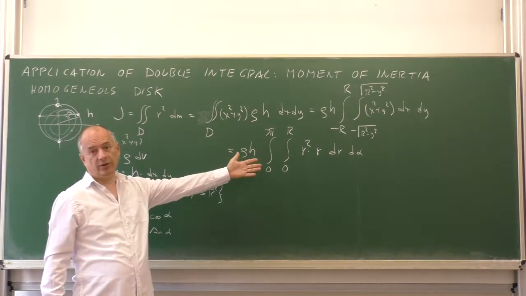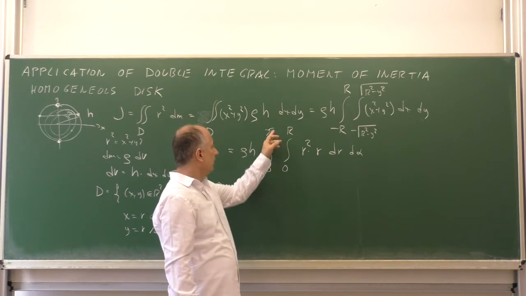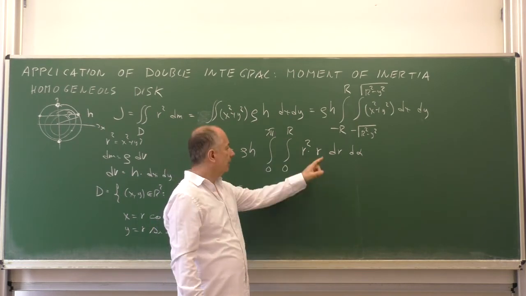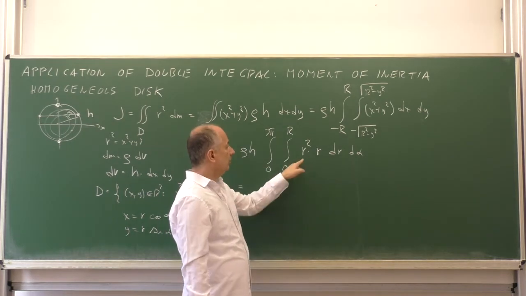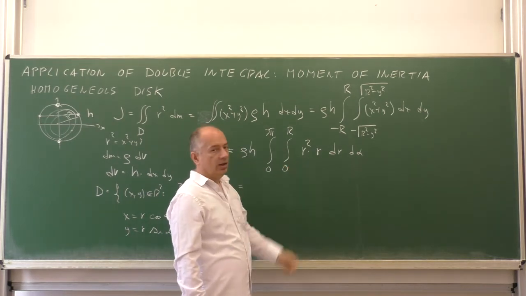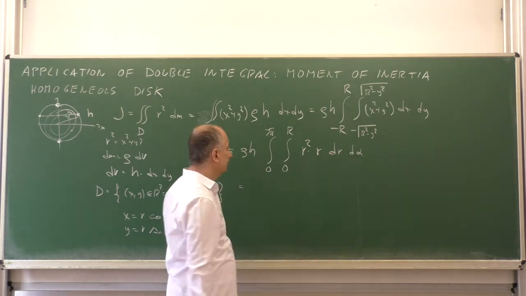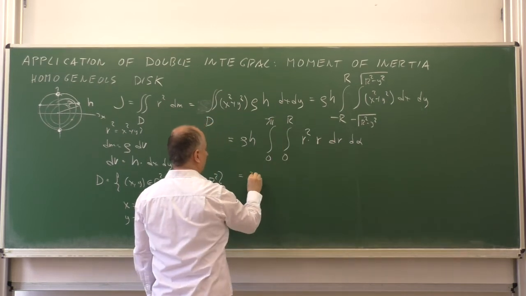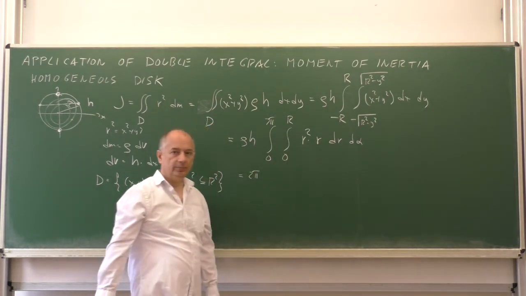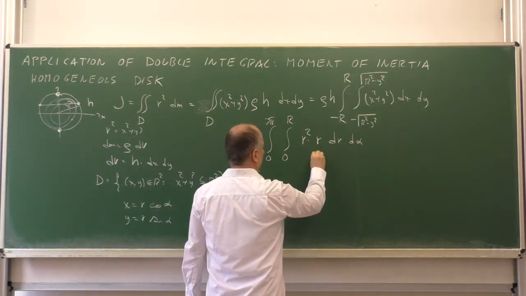Well, this will be very easy. First we see that the integration limits are constants and the function splits into two parts, one depending on r alone, which is r cubed, and one depending on alpha alone, which is 1. Integrating 1 d alpha from 0 to 2 pi gives 2 pi, and this is r cubed.